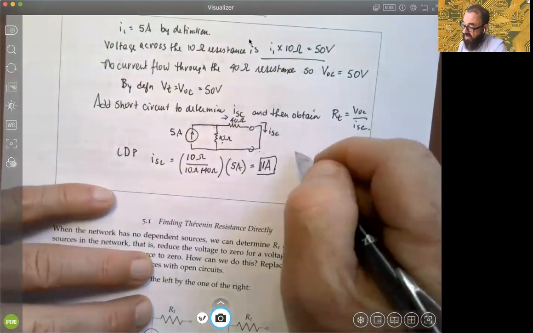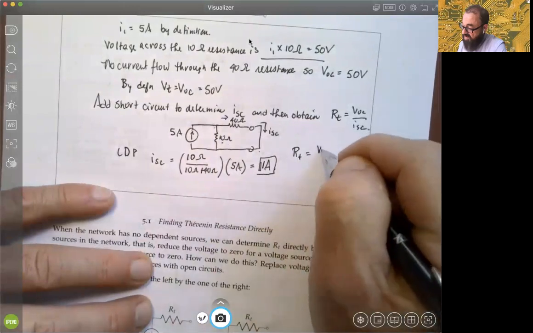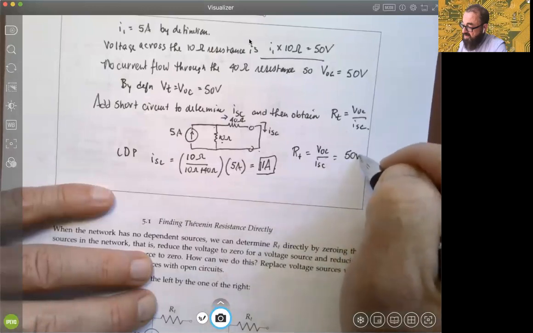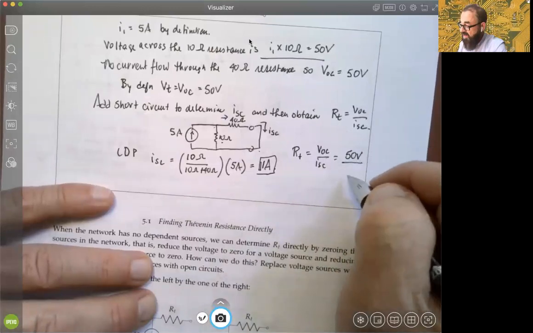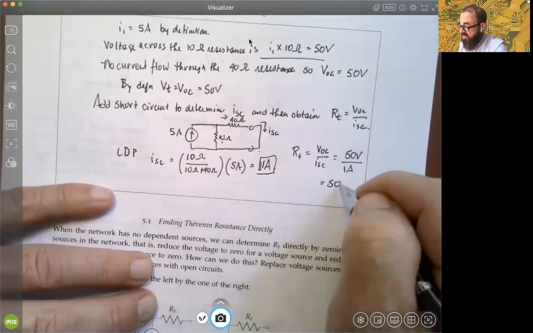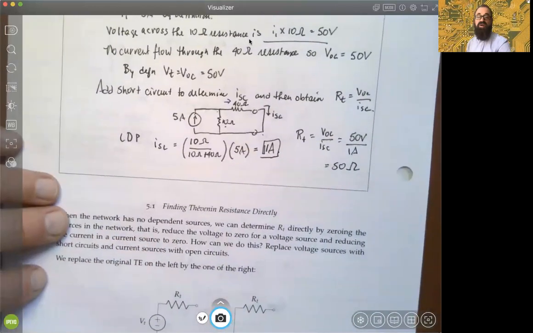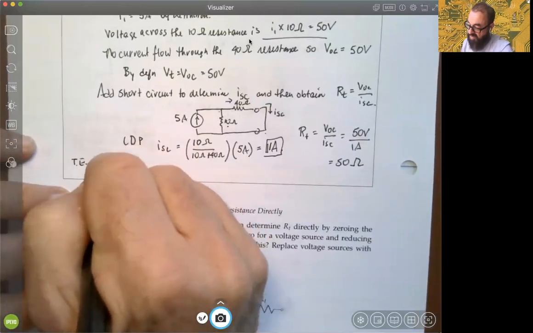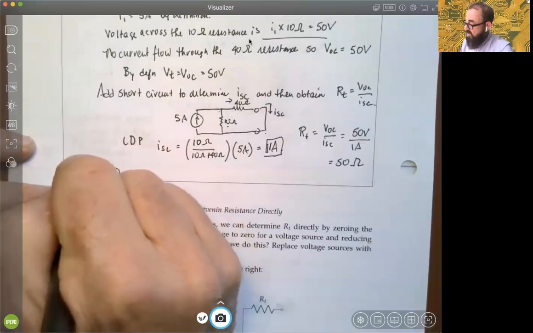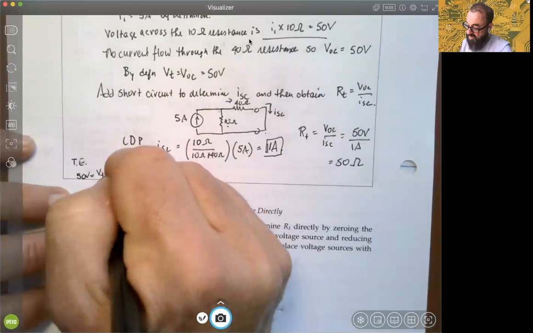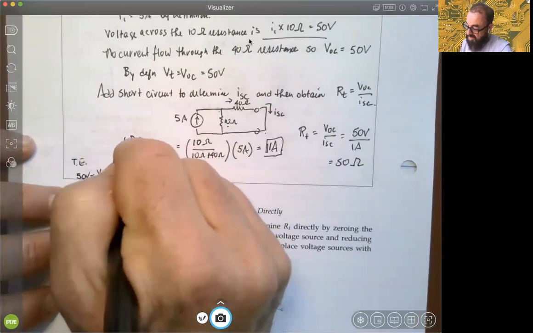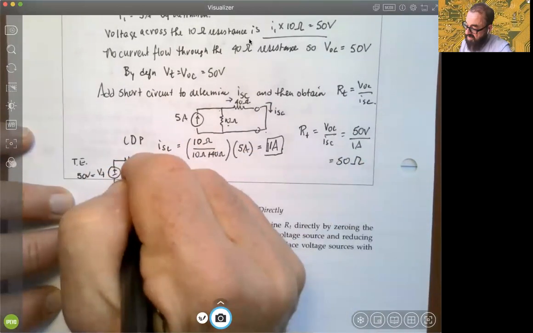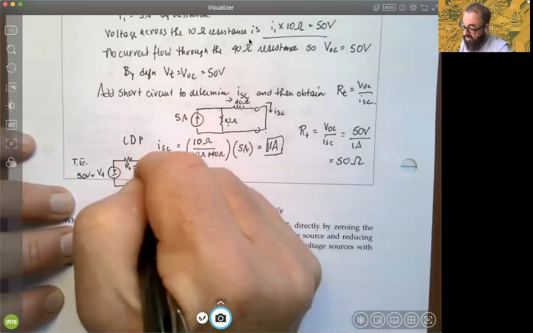Therefore, using our formula, RT equals VOC over ISC. The Thevenin voltage is 50 volts, divided by 1 amp, which gives 50 ohms. So for drawing the Thevenin equivalent, I'll just say TE, draw the Thevenin voltage, VT, which is 50 volts, connected to the Thevenin resistance, which in this case, RT, is equal to 50 ohms.